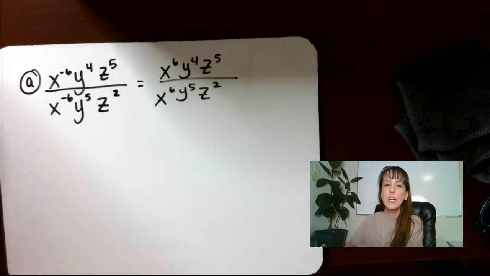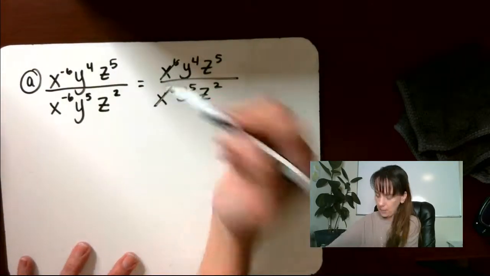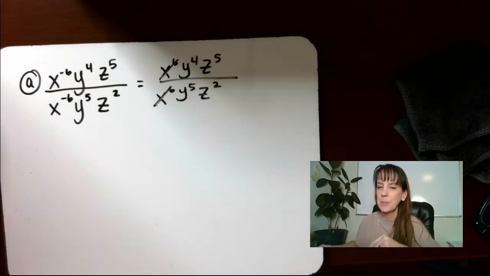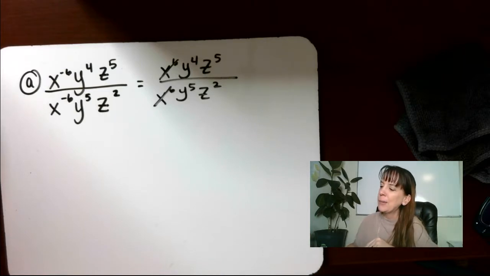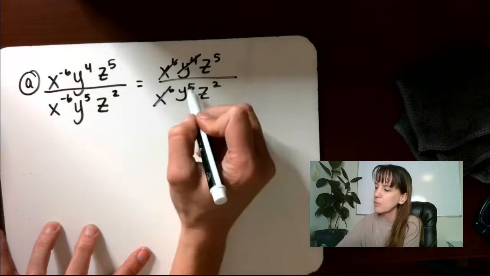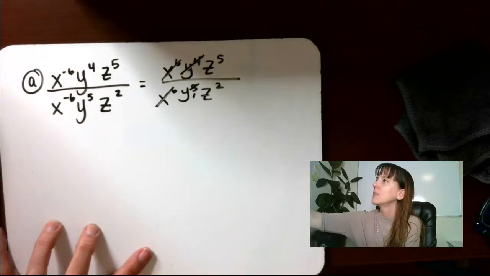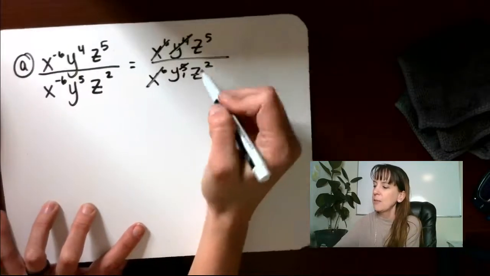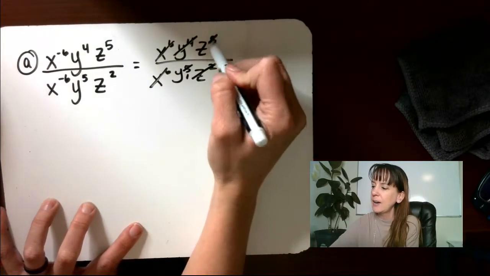Okay, so what we know is these guys cancel out. Oh, it says simplify, write all the answers with the variables in the numerator. So this helps if we read directions, right? So we're going to get rid of 4 of these y's here, which means we're going to have 1 y left here. Good. So then we get rid of these 2 z's here, and now we have 3 here.